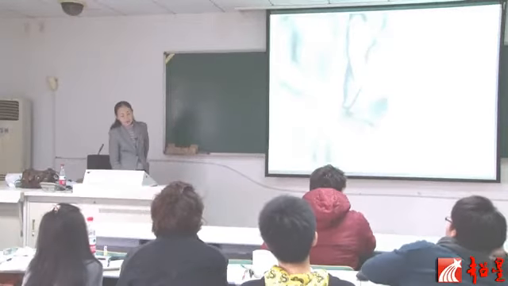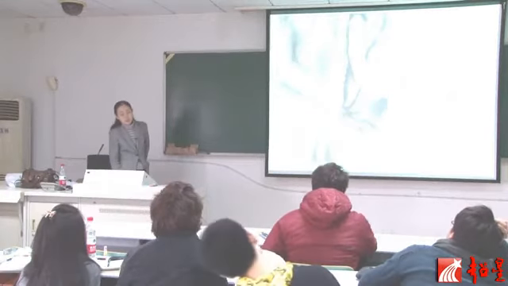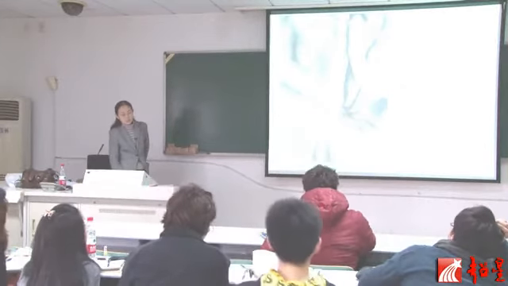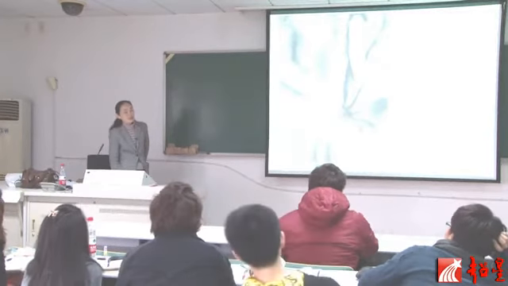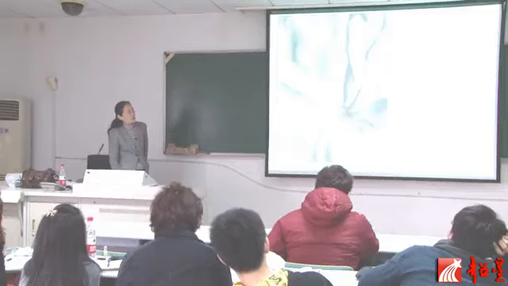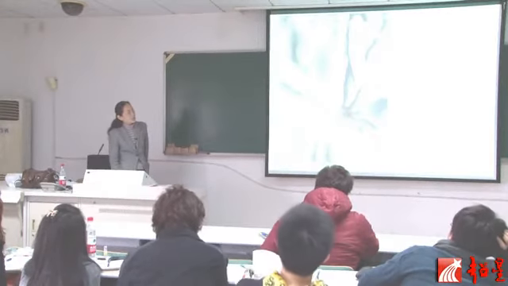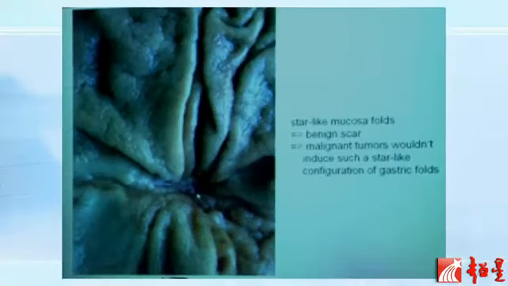So what kind of organ do you think this is? Stomach. We can see these folds. This is the stomach, and here we can find an ulceration, or ulcer. Here is a small ulcer. The character of this ulcer is that it is not so big.